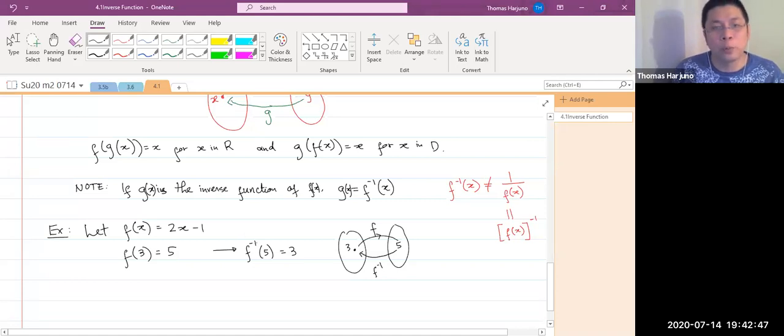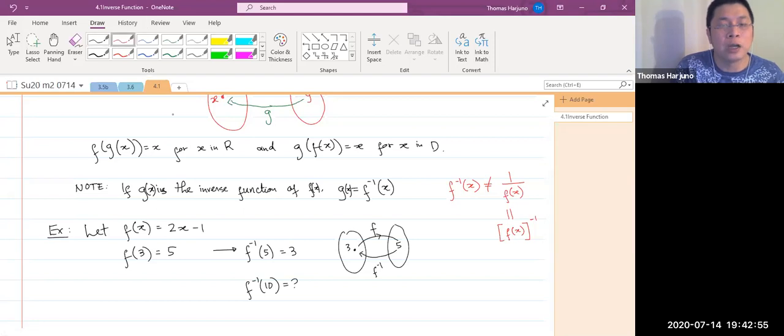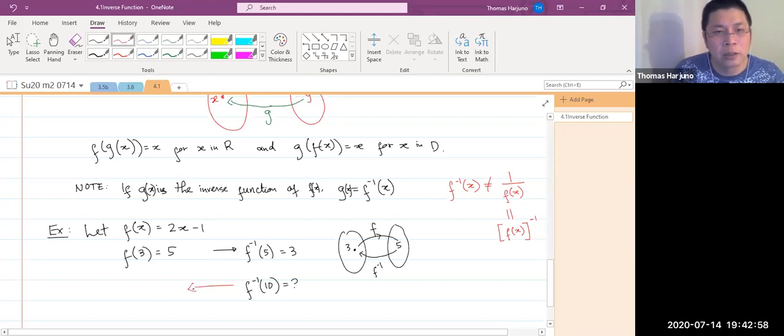So suppose I ask you this question: what is f inverse of 10? That's the same as asking f of what equals 10. You need to solve for x such that f of that x gives you 10.